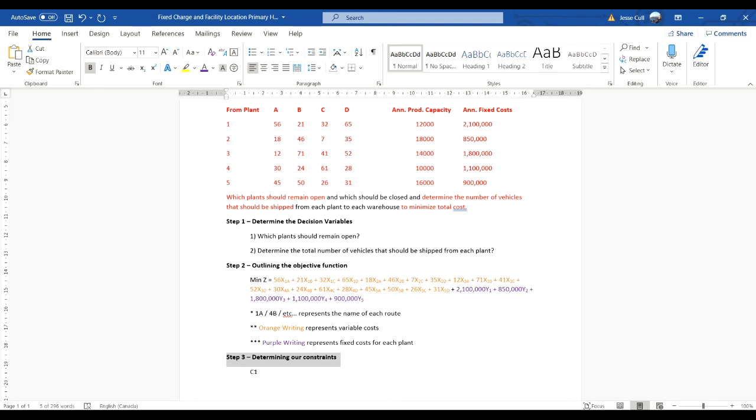Aside from that difficulty, you're going to be in a situation where it becomes time-consuming. This is still a very simple problem. Only 5 plants, only 5 distribution centers. What if it's 10 plants and 12 distribution centers? Your QM spreadsheet is going to be 120 columns wide, 10 plants times 12 distribution centers.